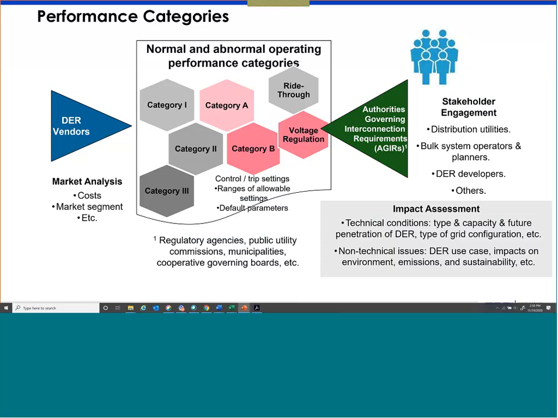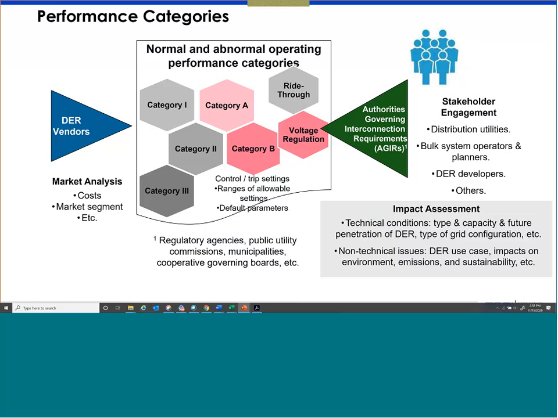Similarly for the utilities, which here are called authorities governing interconnection requirements, that's complex. Basically, whoever has the authority to make the decision will also decide, for a certain location, certain substation, or certain area, what performance category is required for DER. And utilities can decide that, okay, for inverter-based or smaller systems, I'll ask for category A and category 2.